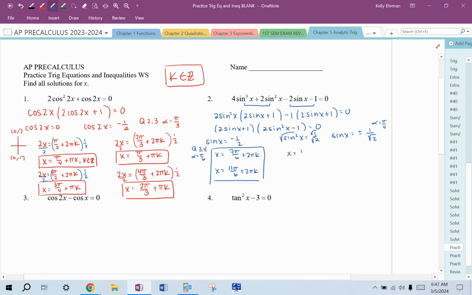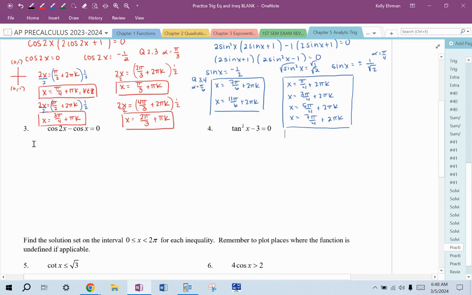So x equals pi over 4 plus 2 pi k, 3 pi over 4 plus 2 pi k, 5 pi over 4 plus 2 pi k, and 7 pi over 4 plus 2 pi k. For all of these, k is an integer. The plus 2 pi k is just giving you all of the coterminal angles to that angle.